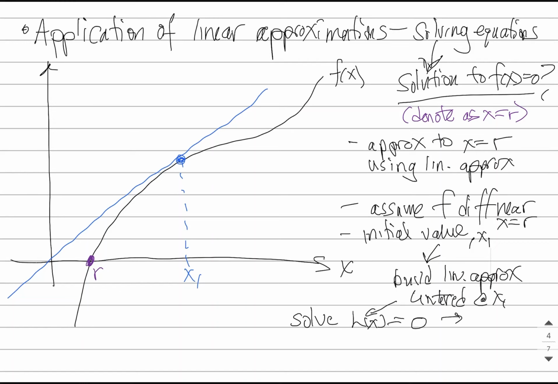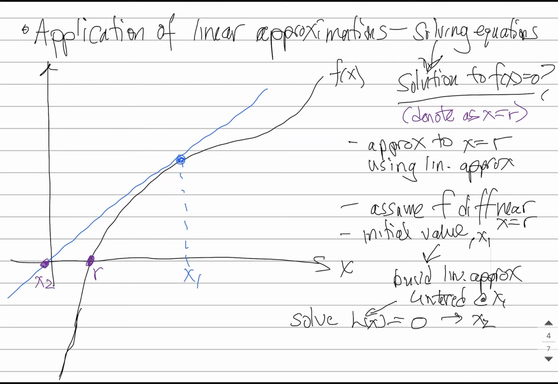And this is going to give me something that I'm going to call x2. So in terms of my picture, x2 will be right there. Now my function, let's say it extends down here somewhere, and I go from there.